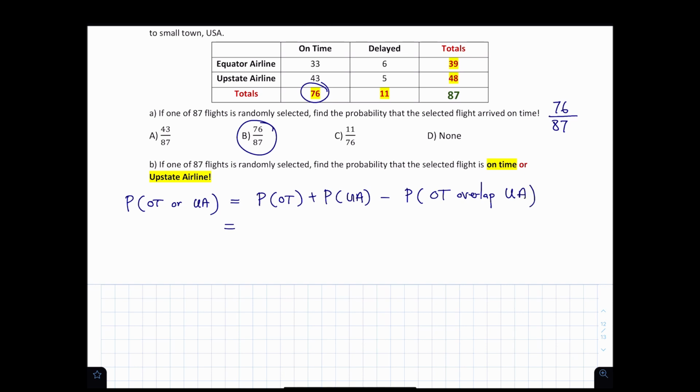So you get the probability of being on time: 76 flights that are on time, divided by 87 total. Plus the probability of Upstate Airlines, you get 48 of those, divided by the total. And the overlap is 43, divided by 87. And that is 0.931.